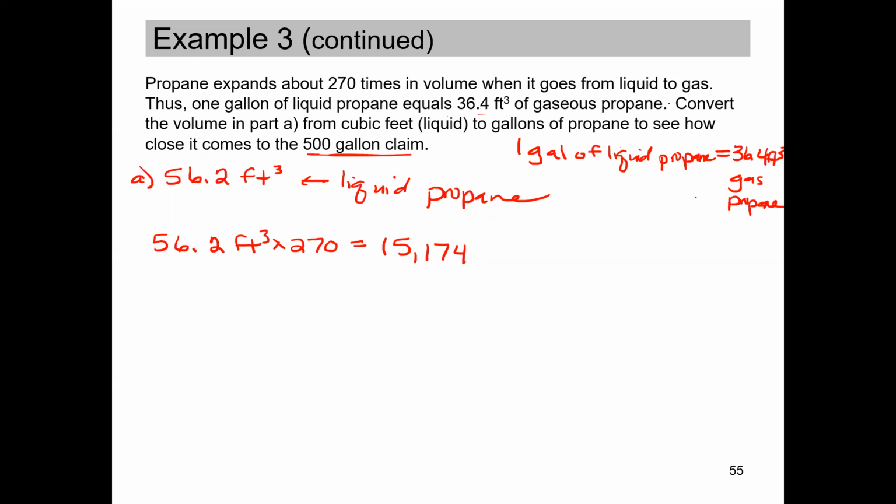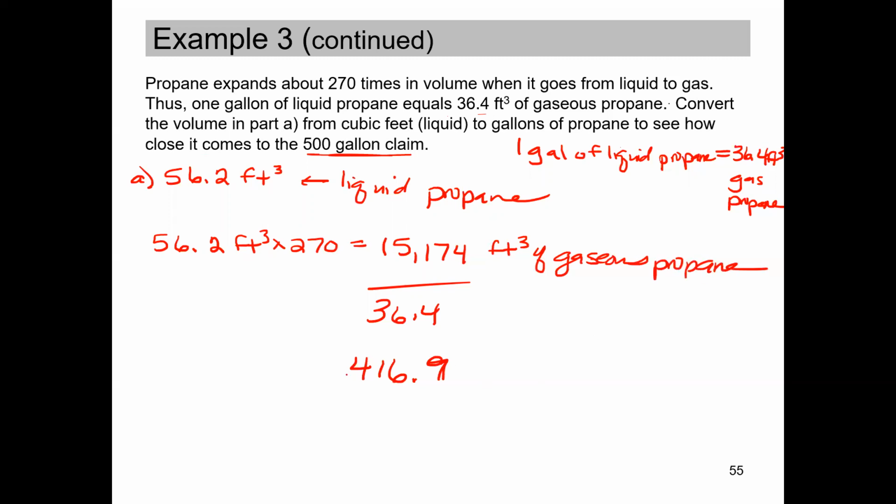If I divide that by 36.4, I get 416.9. And this 416.9 gives me the gallons of gaseous propane. That is not 500, is it?